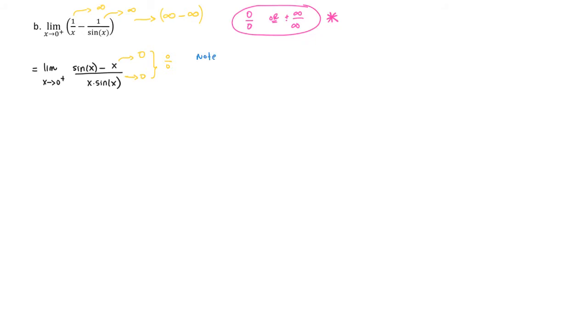I'm just going to make a note here, the same note as before, that the limit as x approaches 0 from the right of sine of x minus x is equal to 0, and the limit as x approaches 0 from the right of x times sine x is also equal to 0. So then, applying L'Hopital's, that will be equal to the limit as x approaches 0 from the right of the derivative of sine, which is cosine, minus 1, divided by, in the denominator, because I have a product, I'm going to have to use the product rule to differentiate.